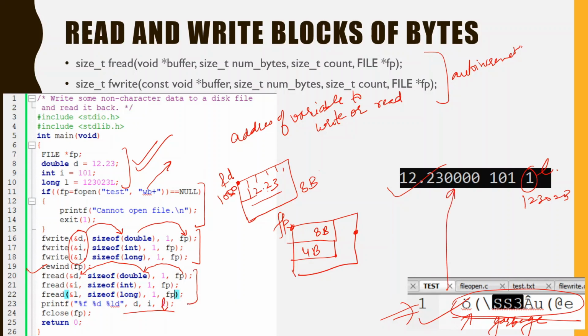So fwrite works like this: the value from the variable of this particular size goes to the file pointer, and in fread the value of this particular number of bytes from the file pointer goes to the variable. fread and fwrite are the most important functions used to make practical applications related to file handling.